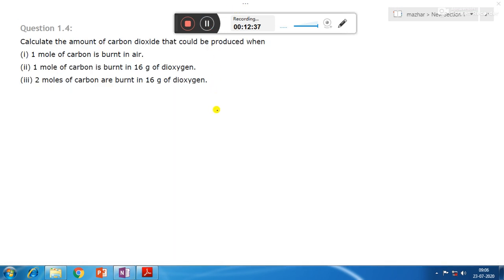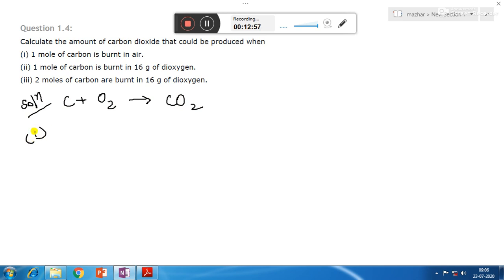Now question 1.4 is: calculate the amount of carbon dioxide that could be produced when 1 mole of carbon is burnt in air. Here we will see the reaction of combustion of carbon: C plus O2 gives CO2.